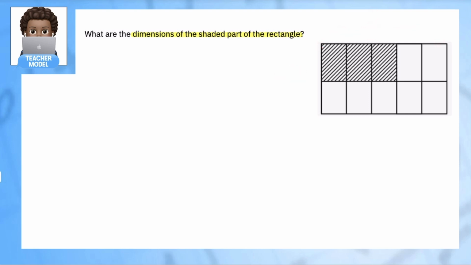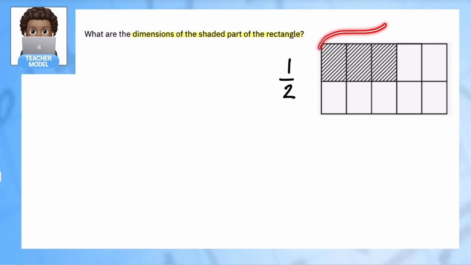One way to look at this is to think, what fraction do you notice here? If you're just looking at this one column, I see 1 out of 2 pieces. So I can represent this as 1/2.